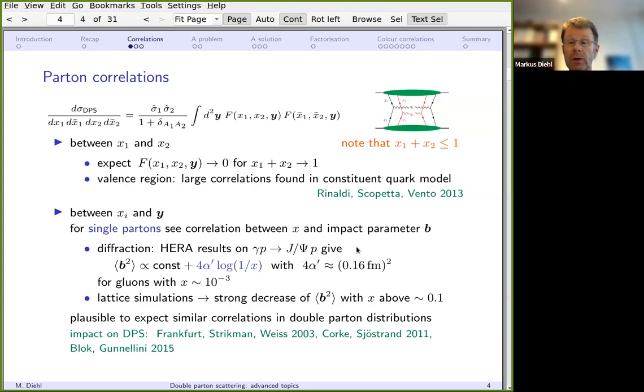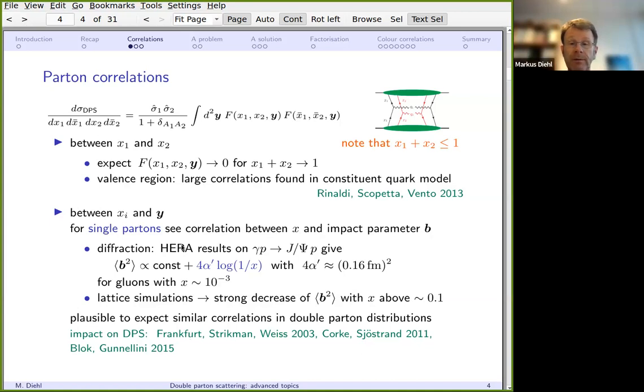And in these units, for one unit in log of the momentum fraction, that's a sensible change. 0.16 femtometers is something comparable to a fraction of the proton size as a whole. So there is some indication that the x and transverse position spectrum of a single parton know about each other. And if you have a double parton distribution, it would be very strange if that kind of correlation didn't also show up there.